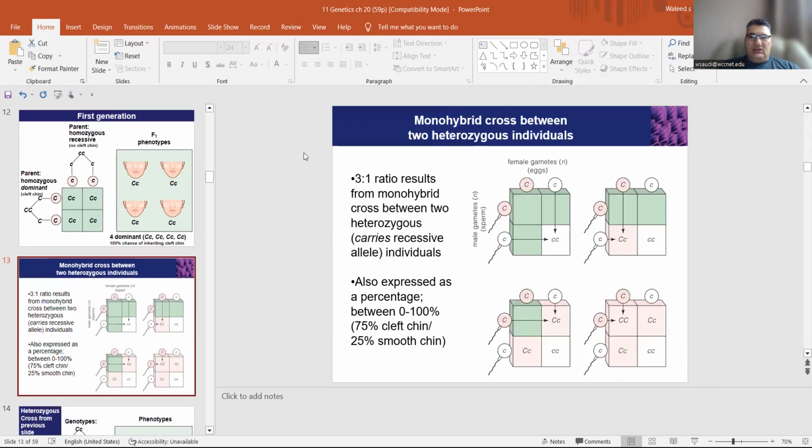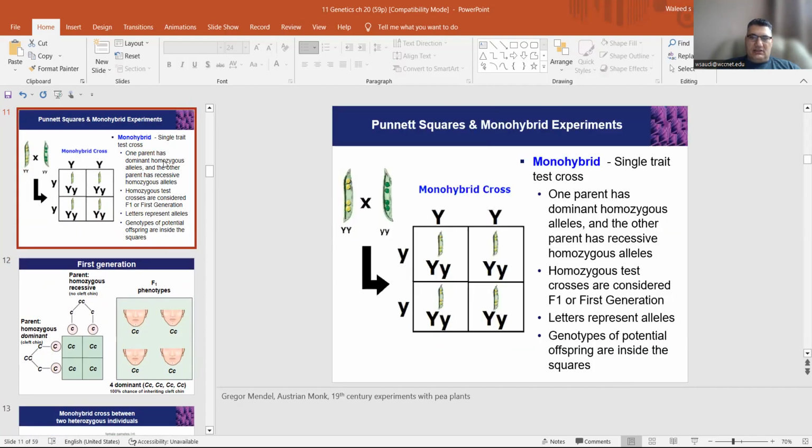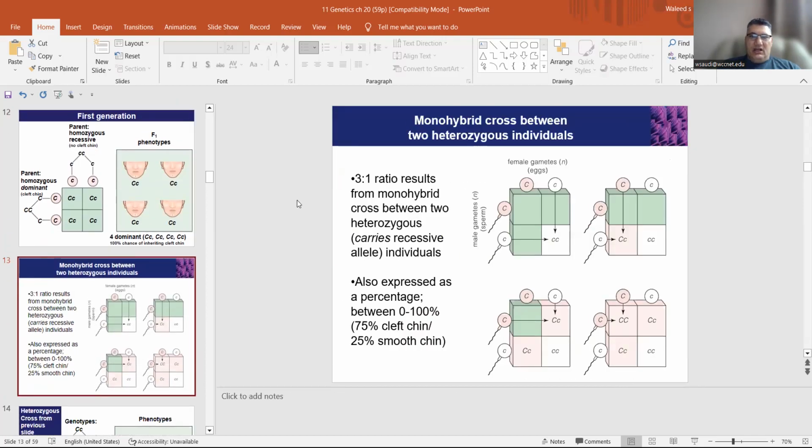So the monohybrid, you can simply say, if it is like in these cases, homozygous with homozygous, it's 100%. If it is heterozygous, it's not 100%. It is a 3-to-1 ratio, like 25%. Look at this.